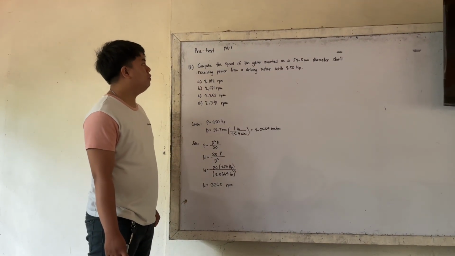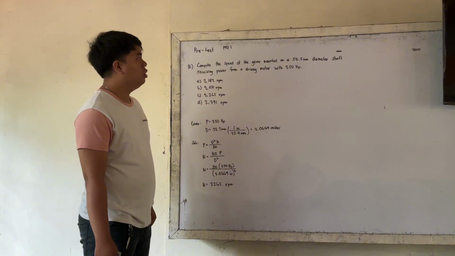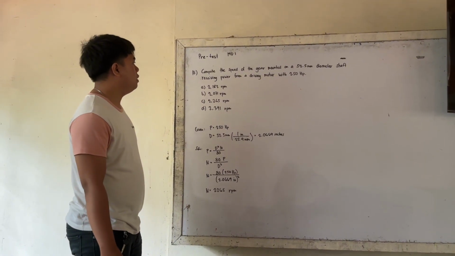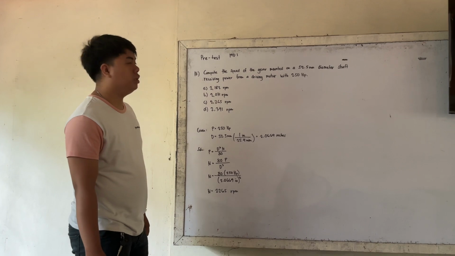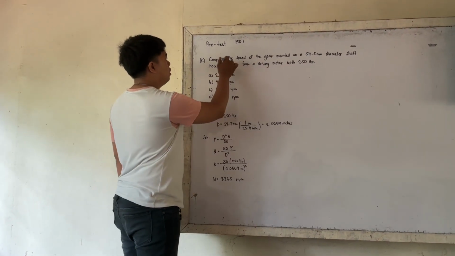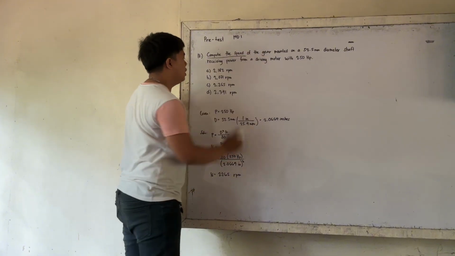Compute the speed of the gear mounted on a 52.5 millimeter diameter shaft receiving power from a driving motor with 250 horsepower. So, compute the speed.